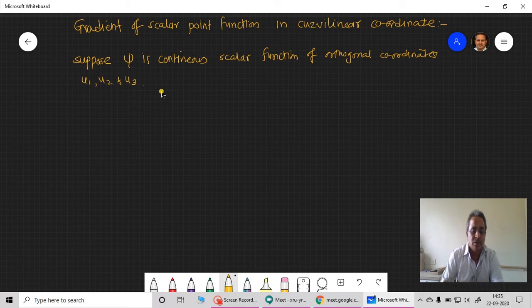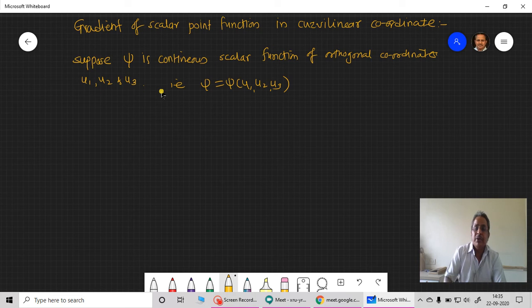These are the coordinates of our curvilinear coordinate system. So we are writing psi is a function of u1, u2 and u3.